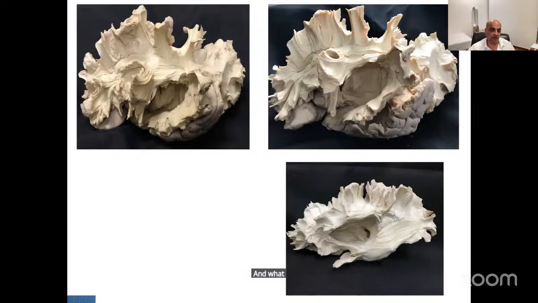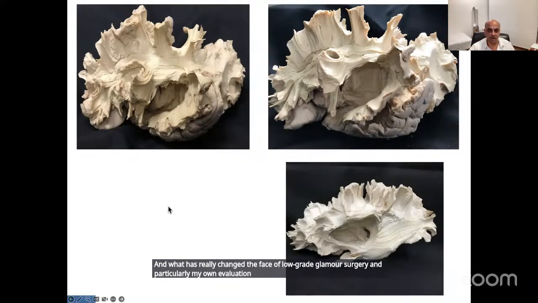If you really ask me what has actually defined and changed the face of low-grade glioma surgery, in my own evaluation, it is the understanding of fiber tracts. When I joined neurosurgery in 1982, more than 40 years ago, as a very young boy, we never used to talk of white fibers.